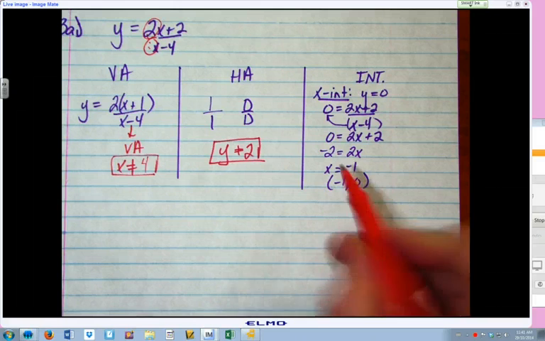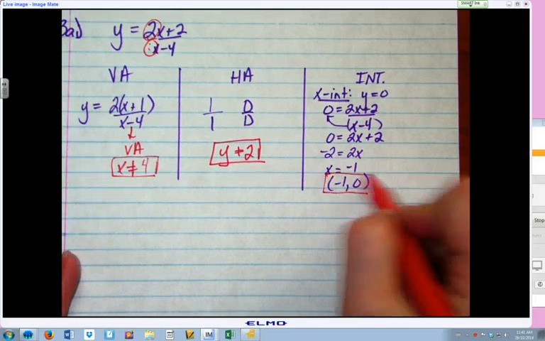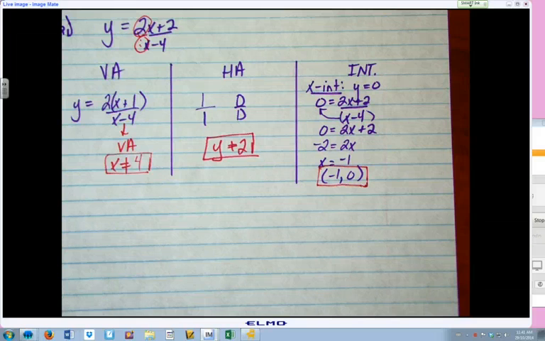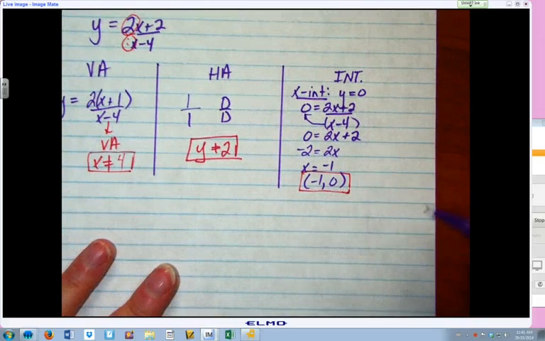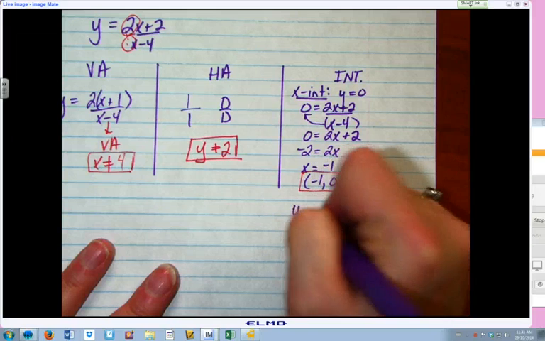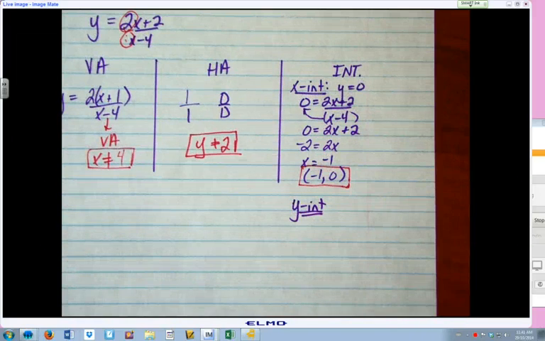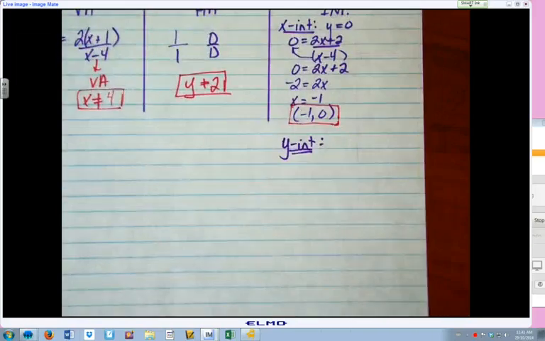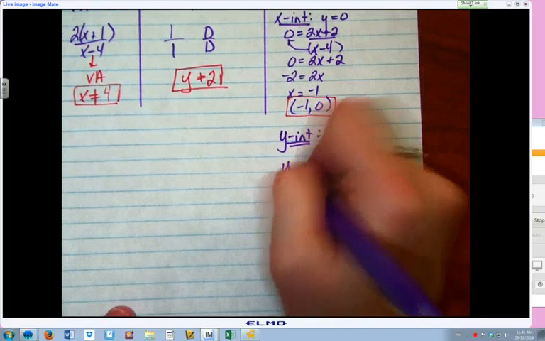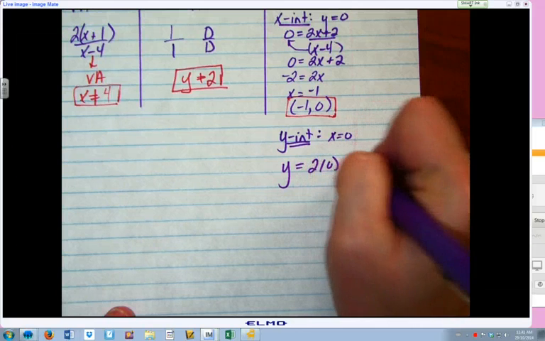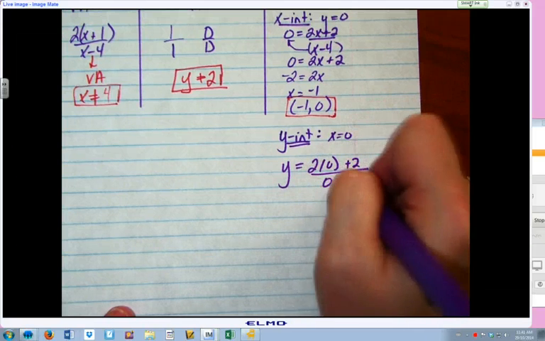It's a coordinate point on the graph. Okay, you don't have to write it as a point. I just find for me it helps me remind it's just a point on the graph, nothing more. I was going to try to squish y-intercept here, but I don't like that, so I'm going to go underneath. How do we find a y-intercept? X equal to 0. Okay, so I have y, 2 times 0 plus 2, and on the bottom, 0 minus 4.